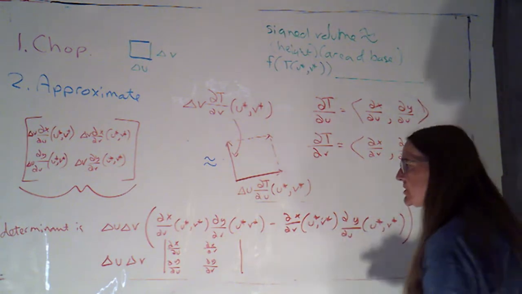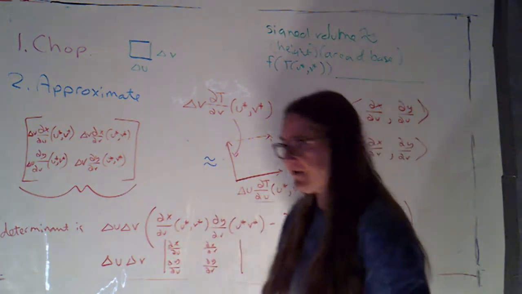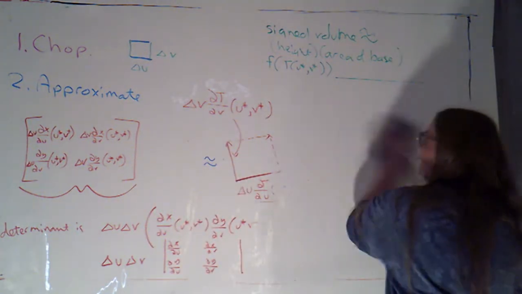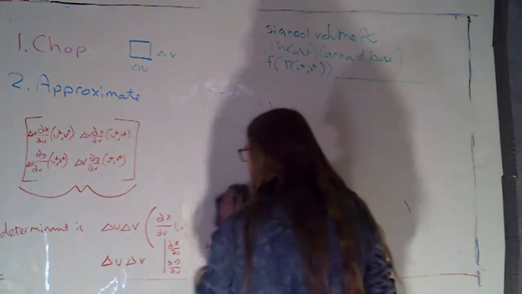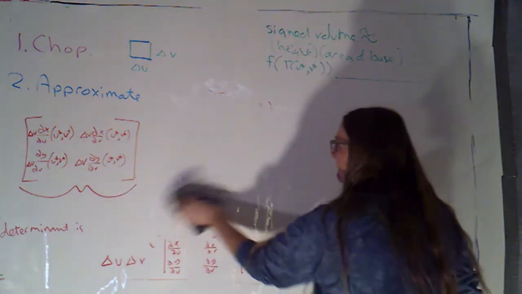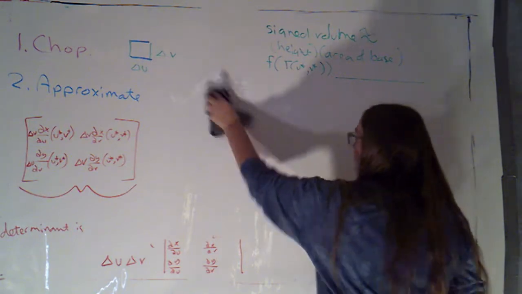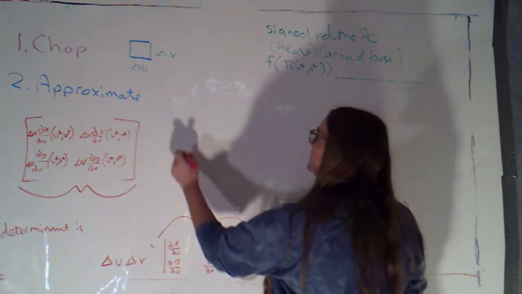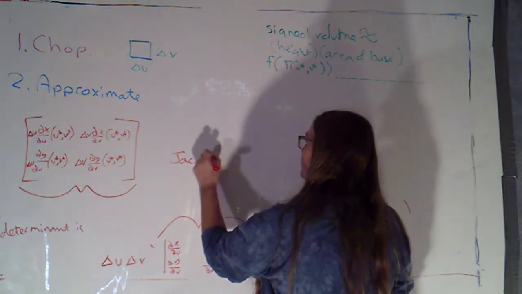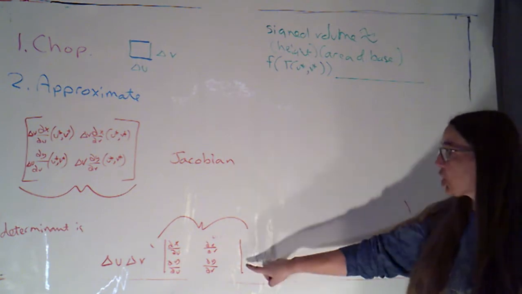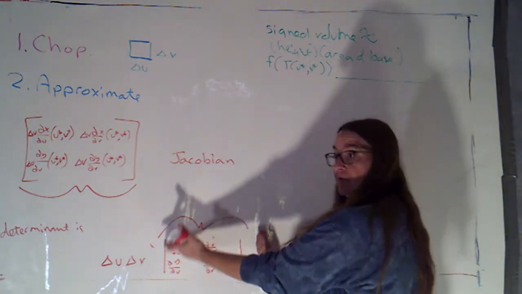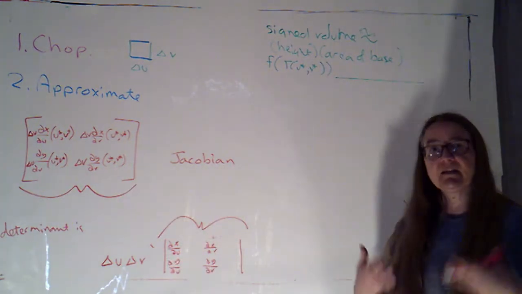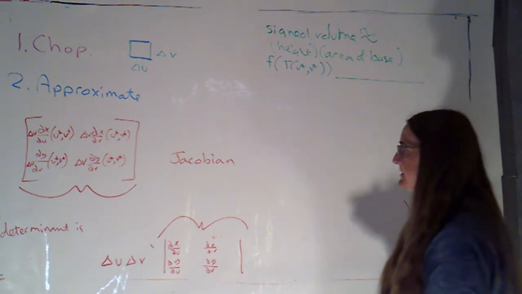I'm going to just point out that this thing right here, this determinant of the derivative of T, has a name and some nice notation for it. So this part right here is what we call the Jacobian. It's the determinant of this derivative, which happens to be the derivative of T. If I want, I can just think of it as the derivative of the matrix containing the partial derivatives in particular places.